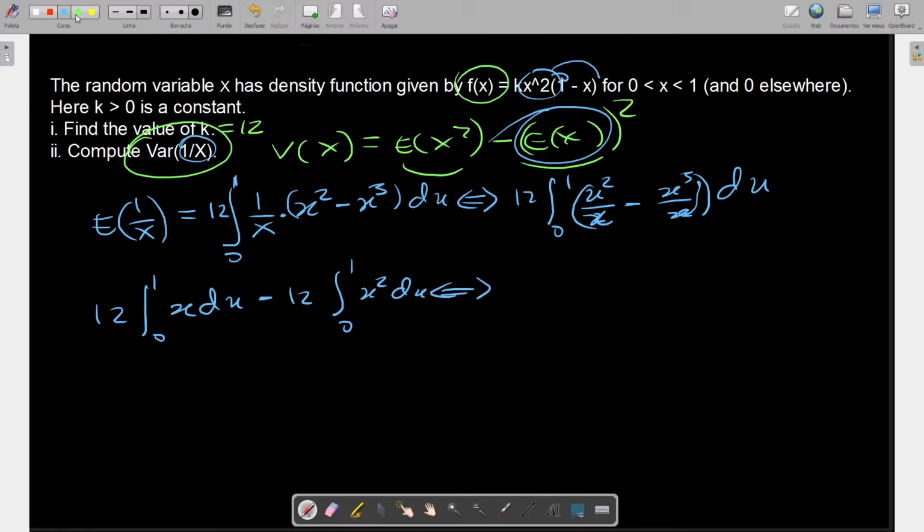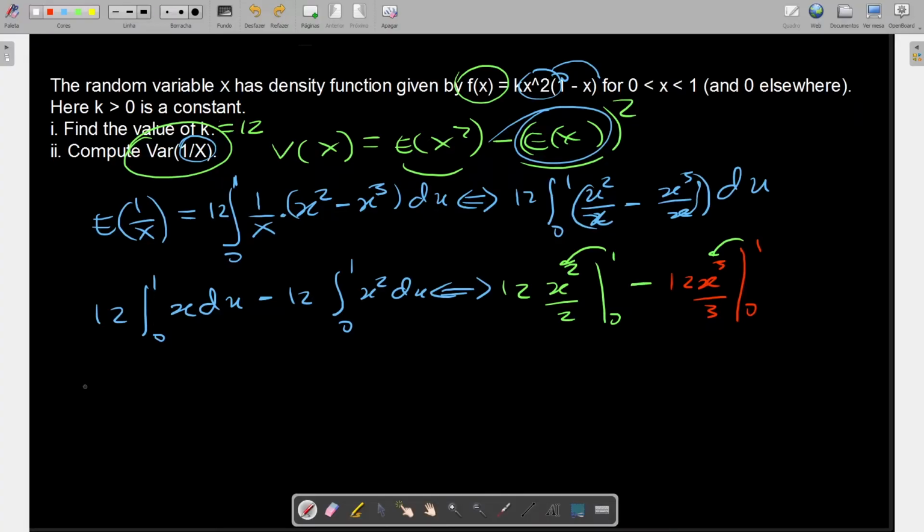So we have 12, and now x, integrating that, we have x squared over 2, between 0 and 1, minus 12 times x to the third power divided by 3, all that from 0 to 1. So let's simplify the expression.